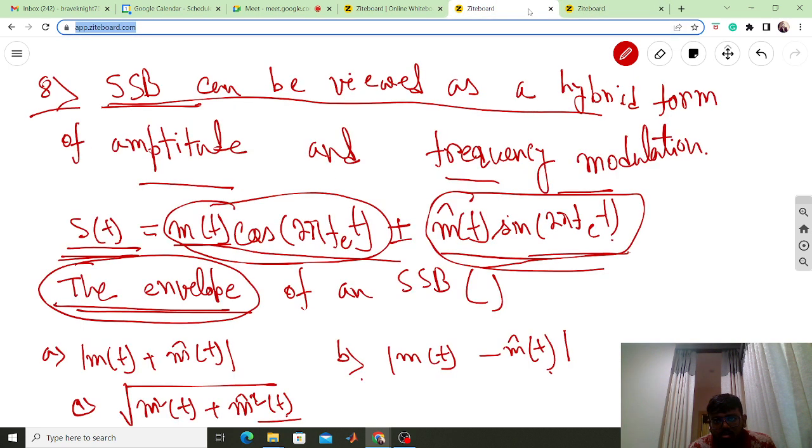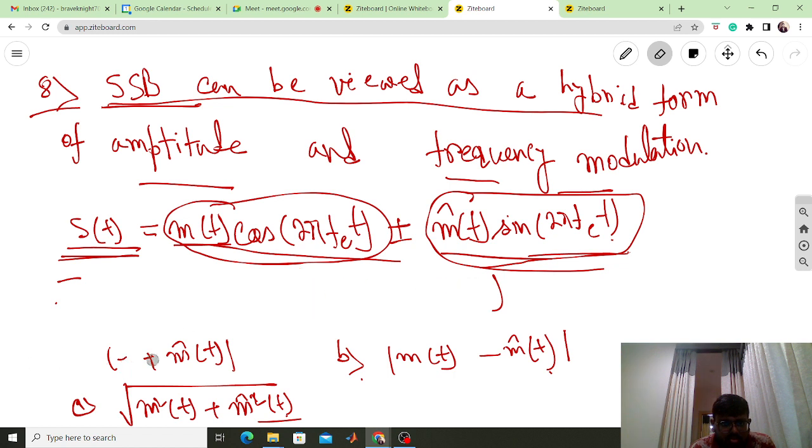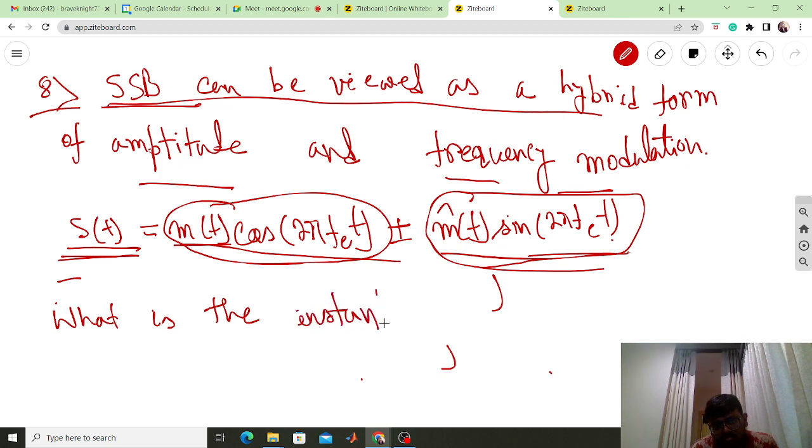Now the next question, for the same question, I'm just writing the next question. What is the instantaneous frequency of the lower sideband?